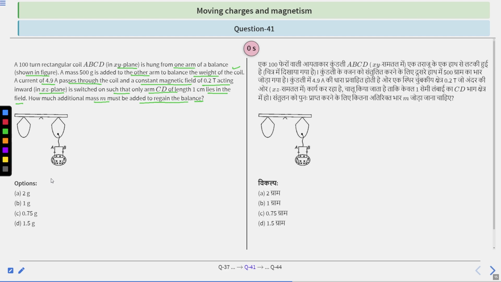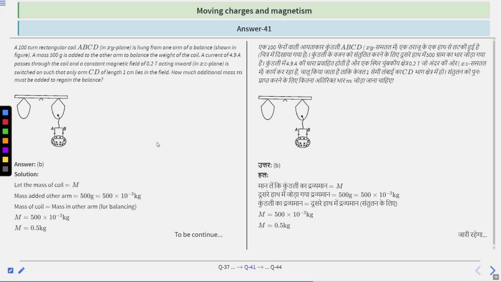Let's find the solution. So this is a 100-turn rectangular coil ABCD in the XY plane. We have to find how much additional mass M must be added to regain the balance.